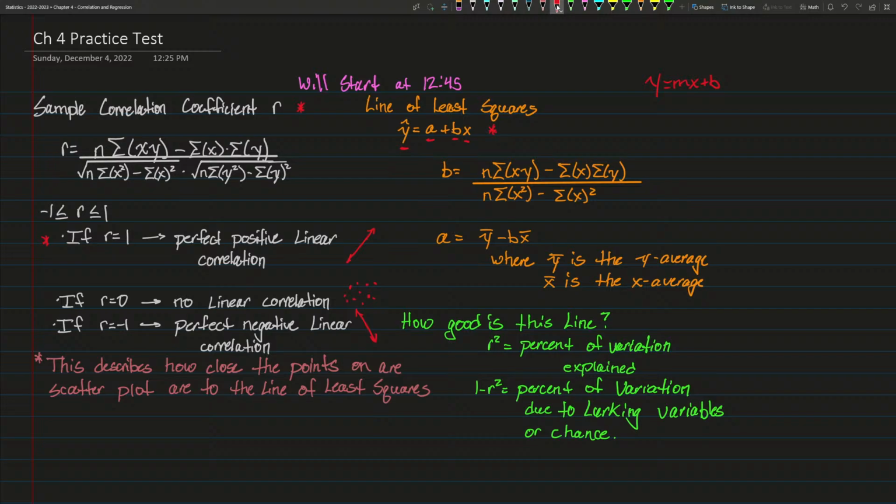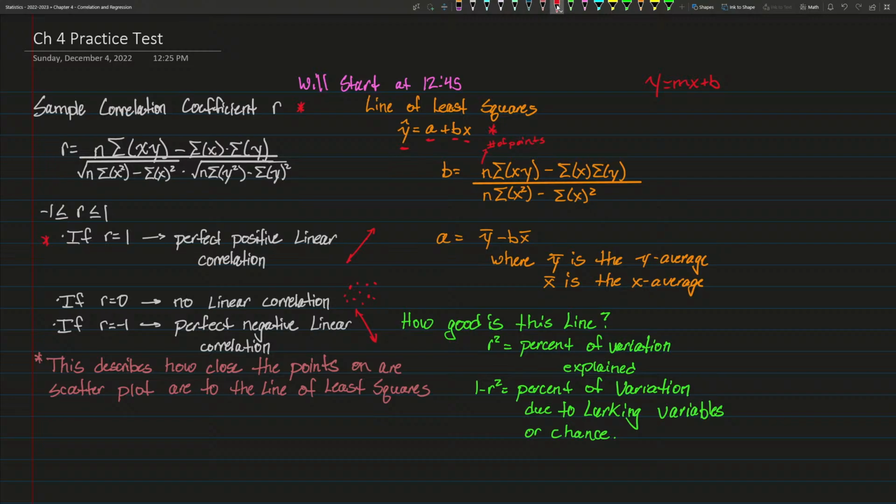Okay, so to find b, we take the number of data points we have. Probably won't be able to read that, but that's n, the number of points, times the sum of the product of x, y, right? So we're taking each of our data points, multiplying them together, and then adding each of those pairs, minus the sum of x, so we're summing up all of our x values, times the sum of y, so we're summing up all of our y values.